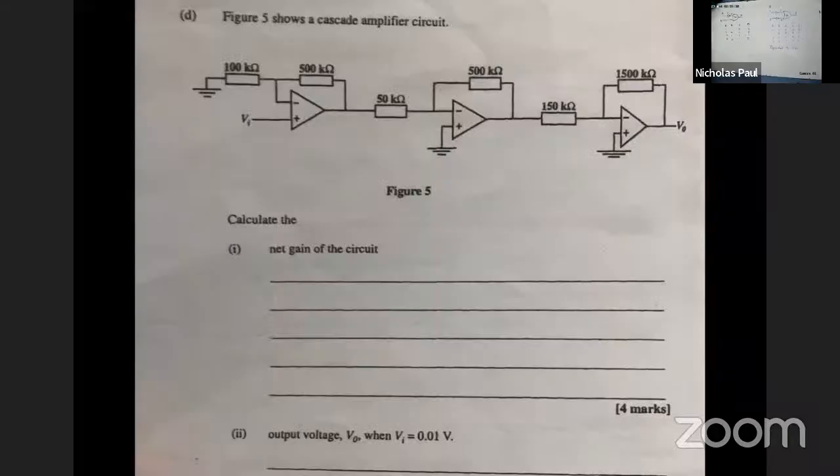Last one. Find the net gain. This one is 3, but you have to figure out which is which, right? And then we do something simple called the summing amplifier.